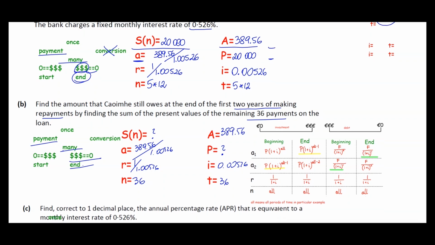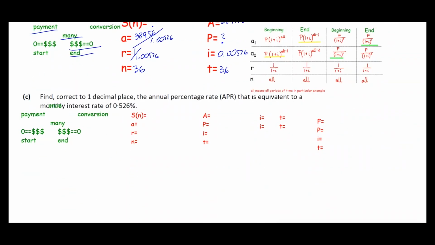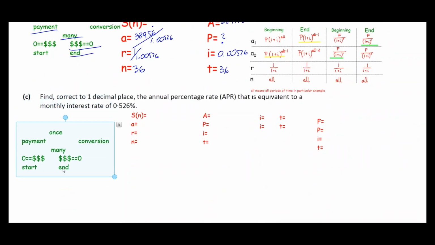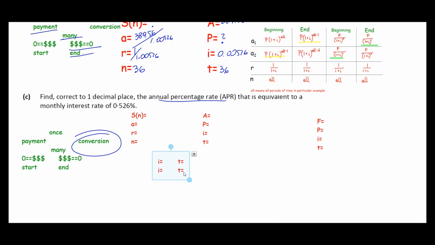Okay, and then the next part here, we have to find the correct annual percentage rate. So in this case, we know we are dealing with the conversion. So the part of formula, that's the one because it is from our compound interest, 1 plus i to the power of t equal 1 plus i to the power of t.